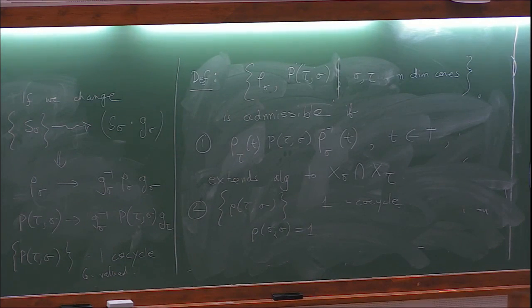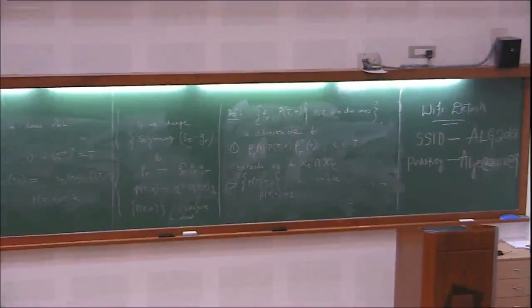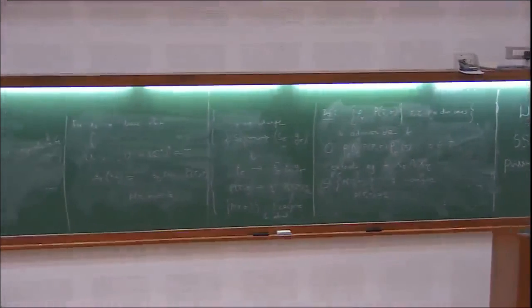And just a few words about what Origis is going to do. So this is a classification up to isomorphism. What he's going to talk about is classification up to equivalence of categories. That's a much stronger classification. And that's what he's going to do tomorrow. Thank you.